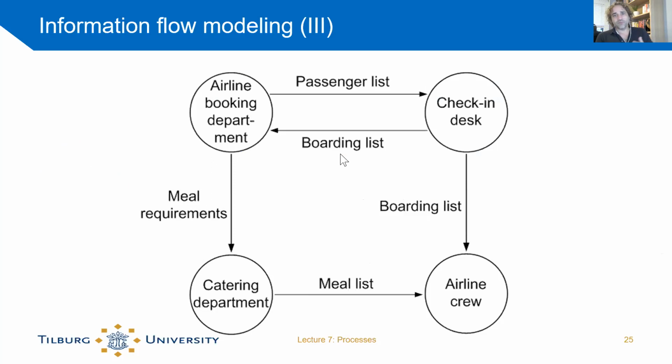So this is a very simple example of an information flow. It does not contain all the information flows you need to book a flight. So this is just an example.